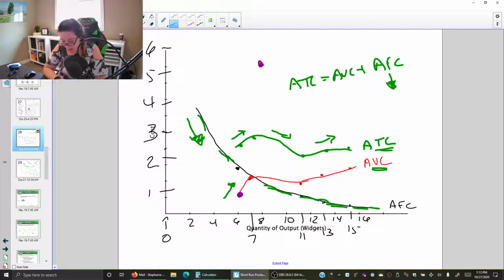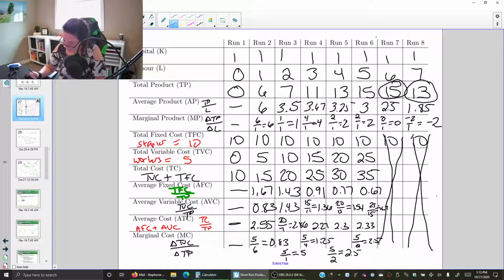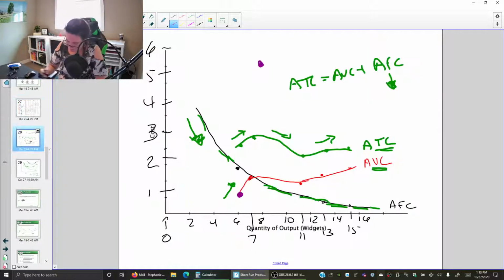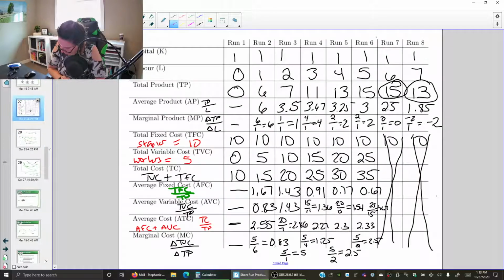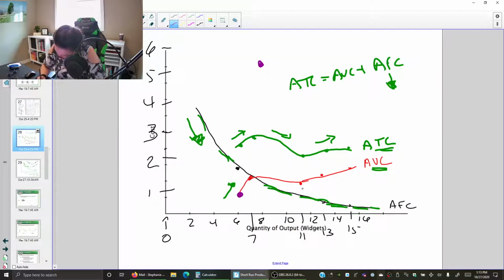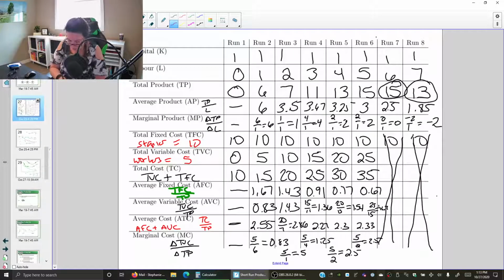Okay, and then it went to 1.25. All right, at 11, it's at 1.25, which is less than the average variable cost, so it's down here. Okay, and then it went to 2.5.